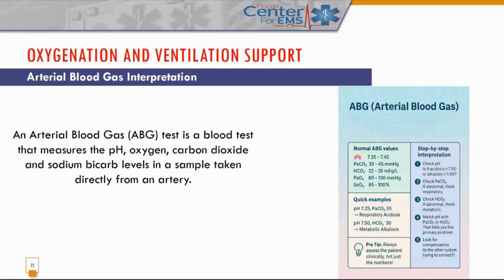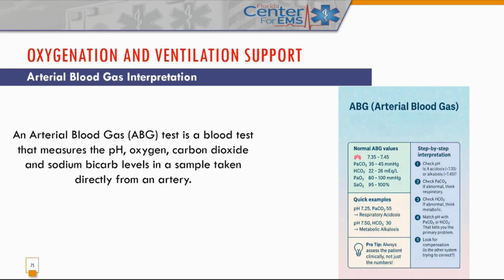Maybe it's been a chronic problem. The body has produced more bicarb over time and they're balancing out. So if the pH is normal, generally you can consider that either there's nothing wrong with them breathing wise or they're handling it fine, or the body has compensated in some way. So that's the first thing you want to look at.